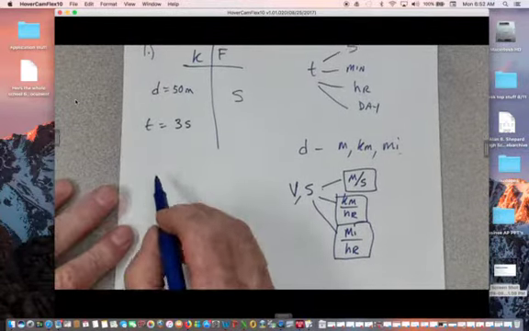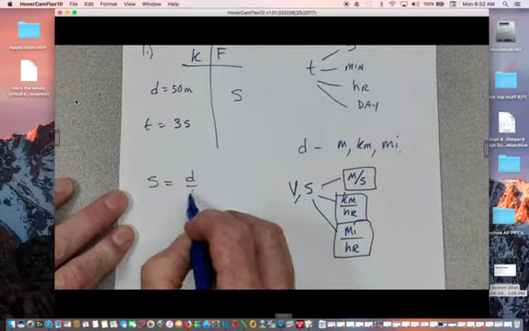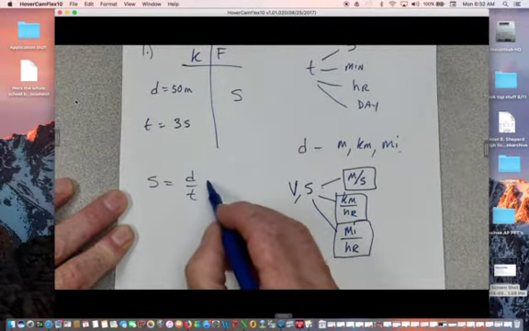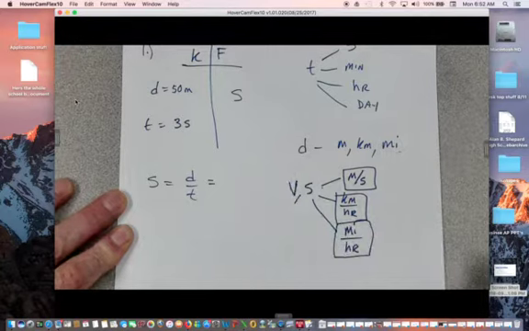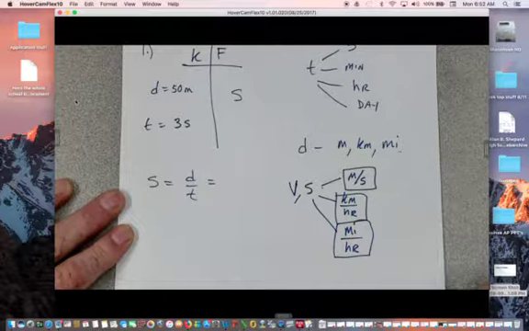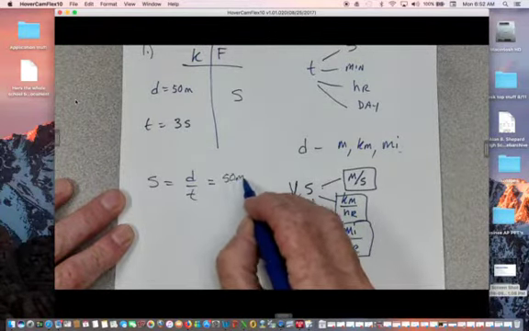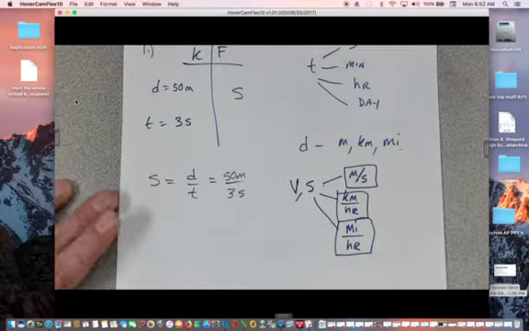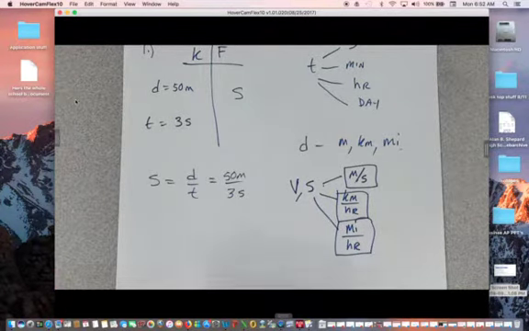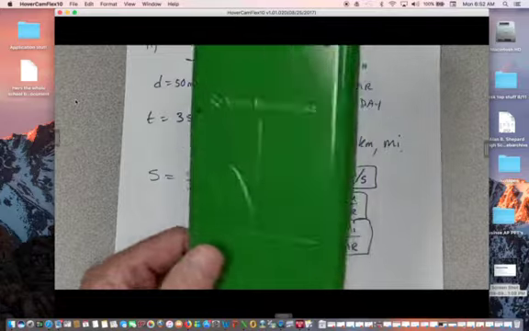So the formula for speed is distance over time. And you clearly in this problem, does anybody have an answer? Yes, you over there? Oh, you need your calculator? I have calculators you can borrow if you'd like to come up and get one. You take 50 meters and divide it by 3 seconds, and I happen to have my handy calculator, my nice green one that I custom painted, John Deere green.